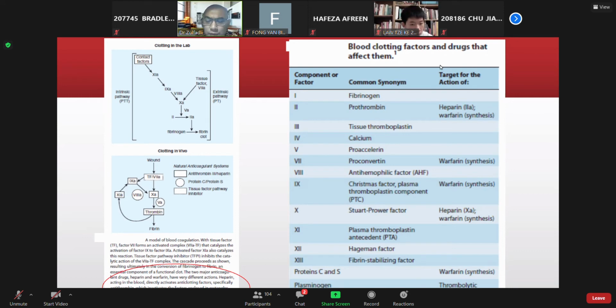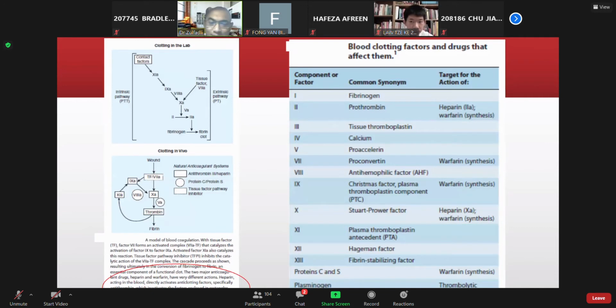So this diagram, unfortunately, you have to be familiar with it now because we are talking about the anticoagulant drugs. Whether you like it or not, you have to be familiar with the blood clotting cascade.